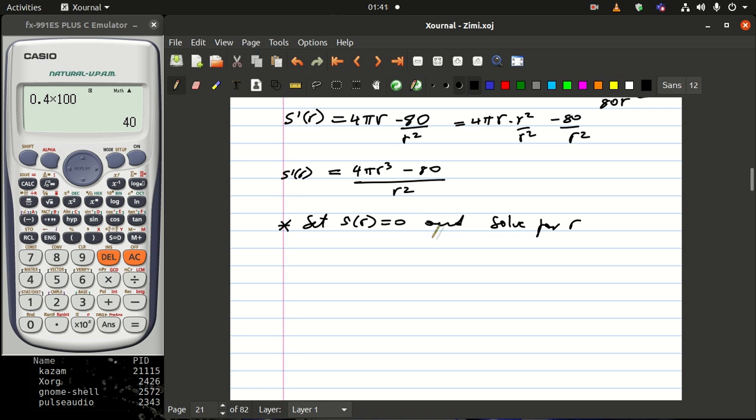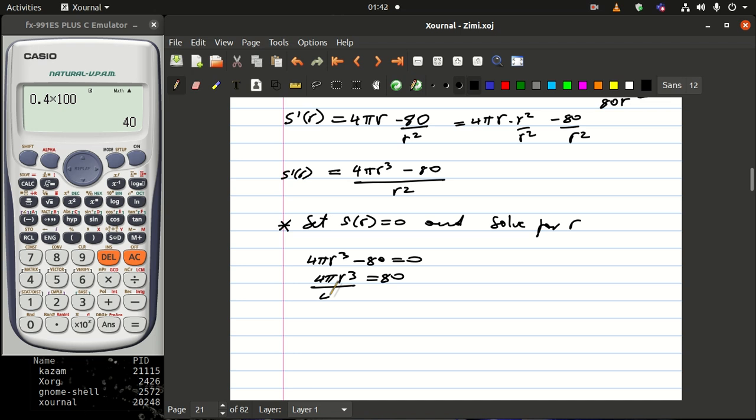So basically here, what is important is this. For this to be equal to 0, the numerator needs to be equal to 0. So you have 4 pi r cubed minus 80 is equal to 0. That's when this is going to happen. Let me first take this to the other side, so we'll end up having 4 pi r cubed is equal to 80.